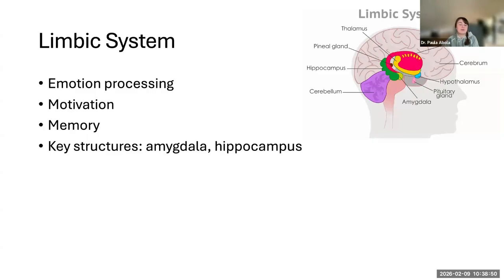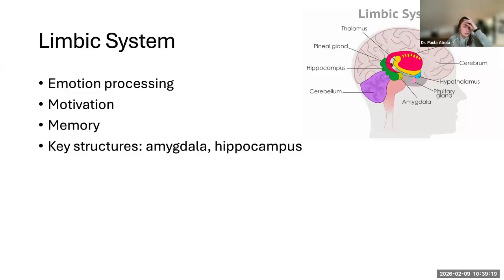One of the most important functions of the limbic system is emotional learning, which allows us to associate certain stimuli or situations with positive or negative outcomes. For example, the amygdala is especially critical for processing fear, threat, or emotional salience, while the hippocampus contributes to forming contextual and episodic memories.